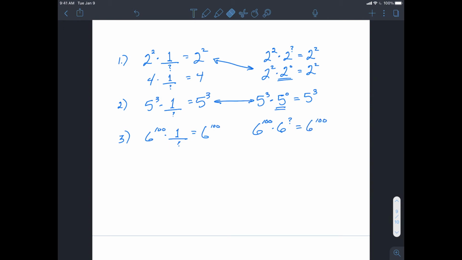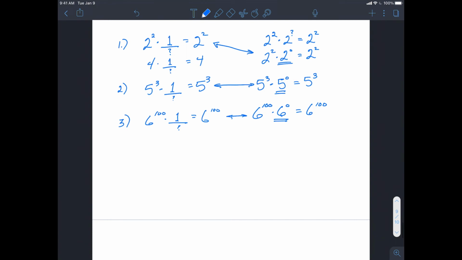If the previous pattern holds, 0 is what makes sense. And looking at this previous equation, we see that making 6 to the 0 equal to 1 makes sense. So we can take a guess that anything to the 0 power would equal 1.